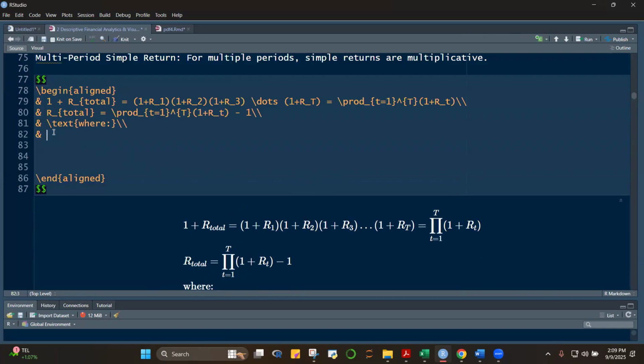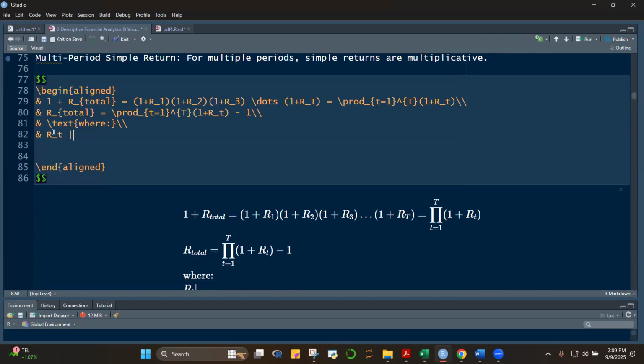So R sub t, okay, and then we have text, right? Text. Space, is the simple return for period t, period.